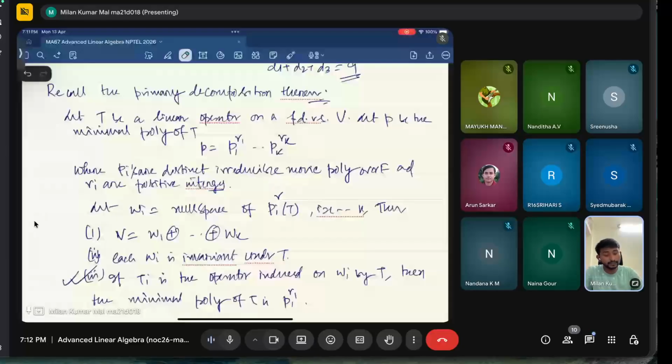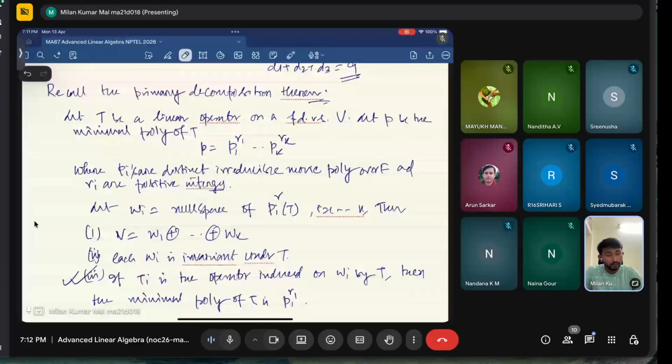And each Wi is invariant under T. What was invariant? That is T of Wi is a subset of Wi. If I take an element from Wi and apply the linear operator T, then that is going into Wi. So that means Wi is invariant. Therefore we can consider T restricted to Wi. That will be an operator from Wi to Wi. Wi is a subspace of the vector space V. Then this is a new linear operator.